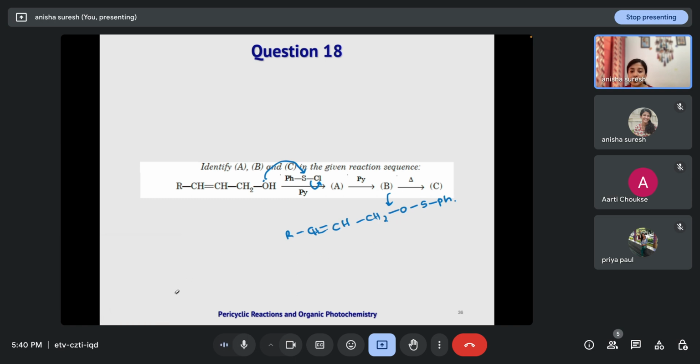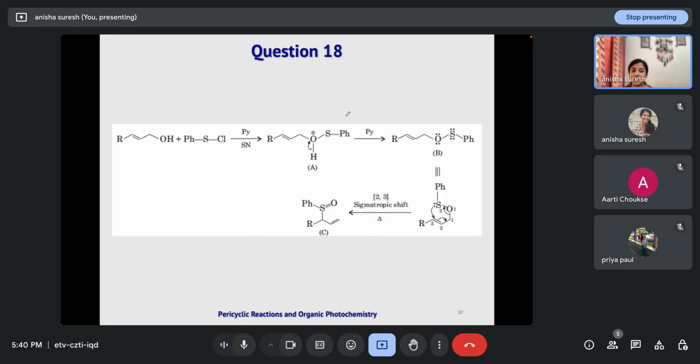Now this can undergo a 2,3 sigmatropic rearrangement. So the numbering will be 3 2 1, 1 2. So it will undergo a 2,3 sigmatropic shift, resulting in the formation of this as the final product. So this alcohol will react with the sulfur, removing the Cl minus, resulting in the formation of A, which is an example of nucleophilic substitution.